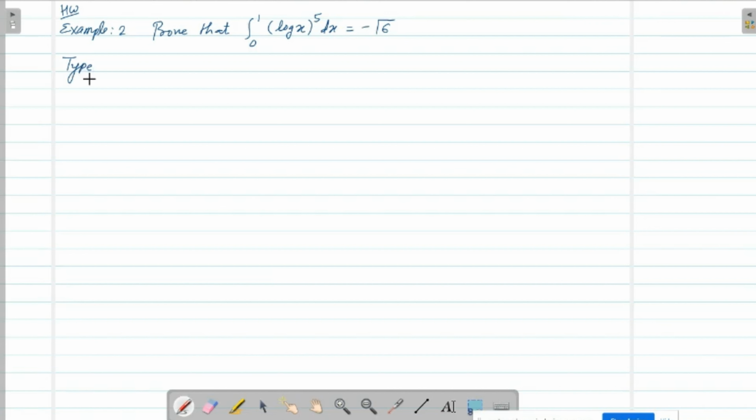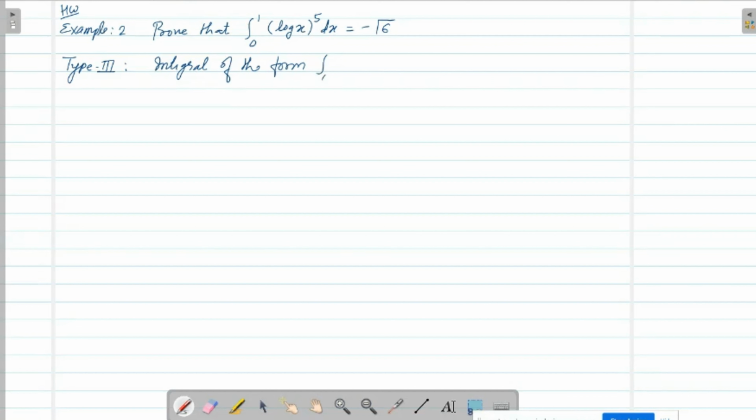Type number 2 we have already done. We will have type number 3. Here, if you have the integral of the form, which form?